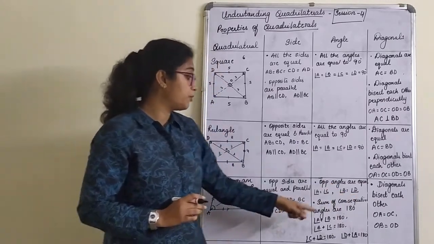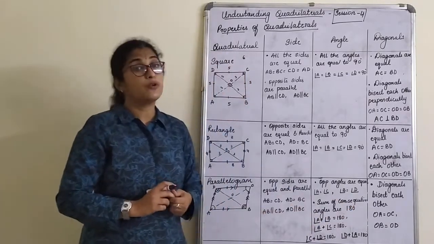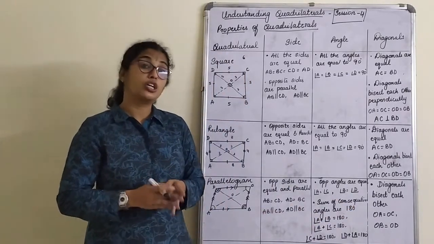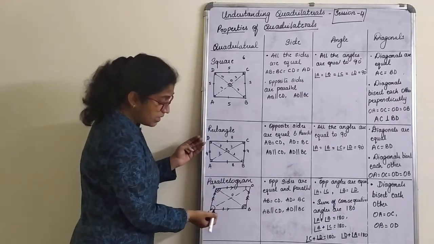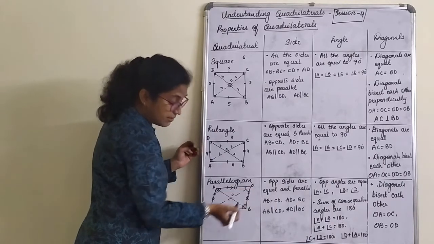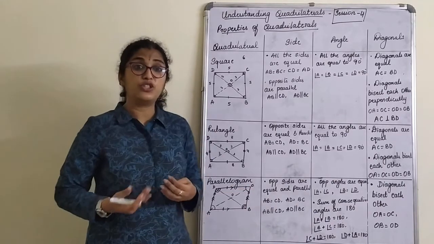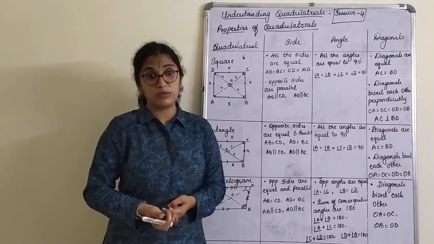One more important property. Sum of the consecutive angles is 180. What are consecutive angles? Consecutive angles are the adjacent angles. Suppose if I talk about AB is adjacent to side BC. We talk about adjacent house. What do you mean by adjacent house? The house beside your house, right?